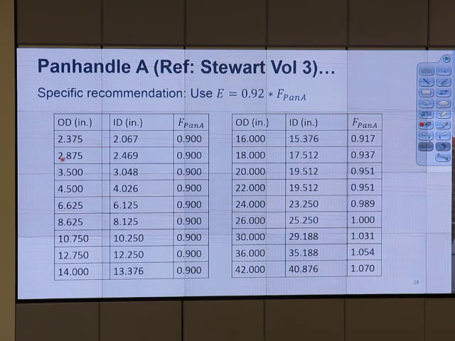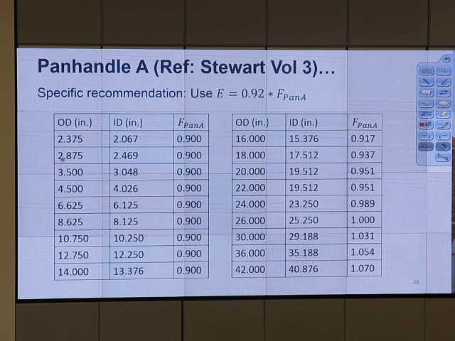Stewart has a little more specific recommendation for the E value for Panhandle A. In general, just use 0.92. That's good. But if we want it a little more accurate, we can change E with diameter.